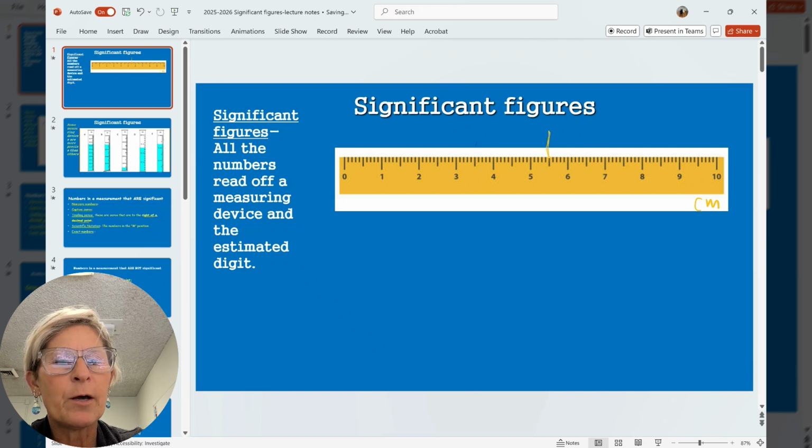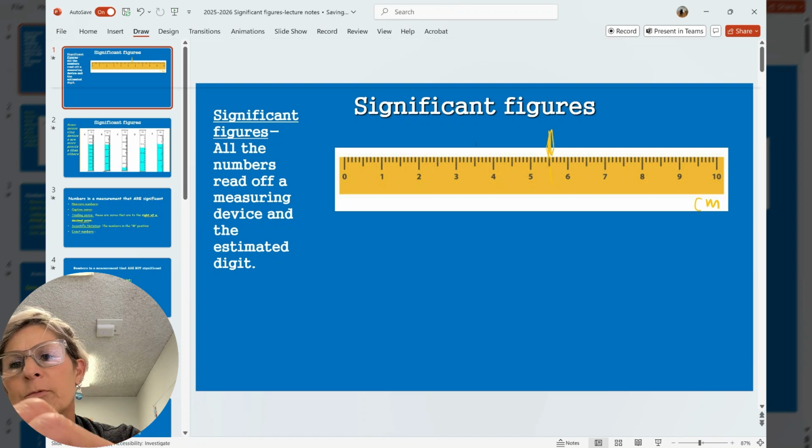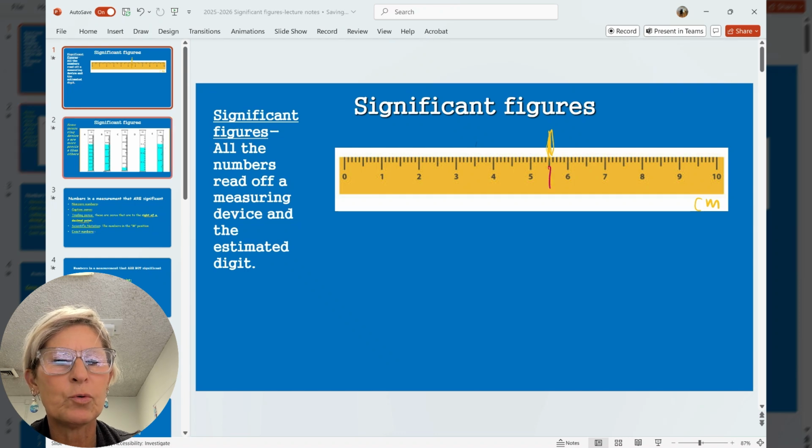If my object fell right here, I would read exactly from the measuring tool. So I know it's 5 centimeters, 5.1, 2, 3, 4, 5. So my measurement would be 5.50.